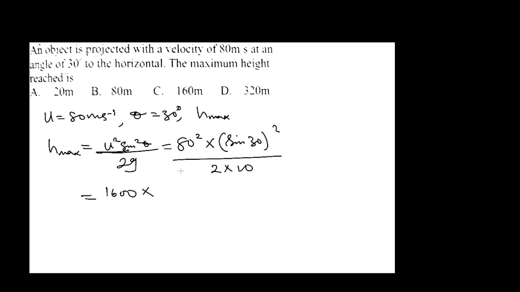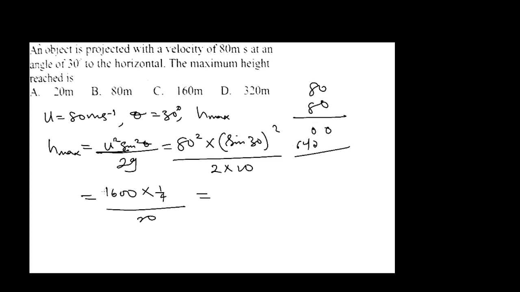So if you multiply 1600 by 1 over 4 divided by 20, so your result is going to become... okay, kindly check, is there no mistake here? Let's check. 80 multiplied by 80, so this will give us 0, 0, this is 64.